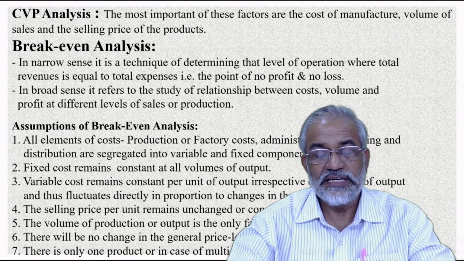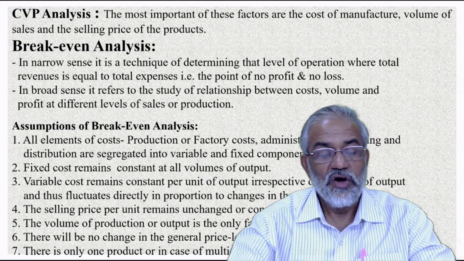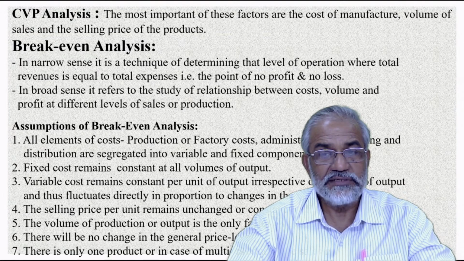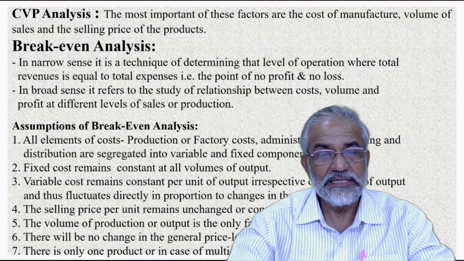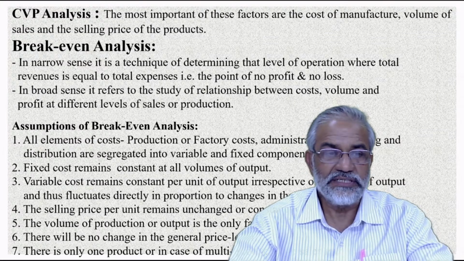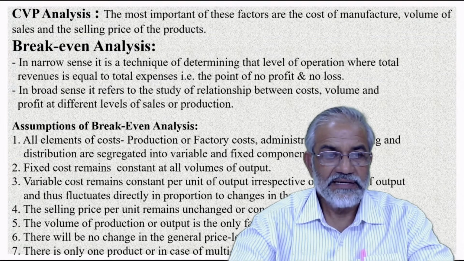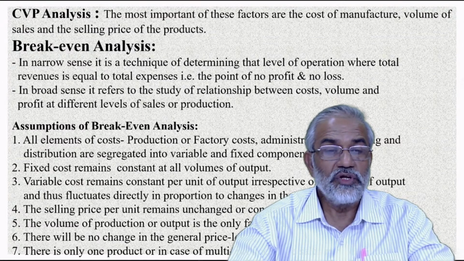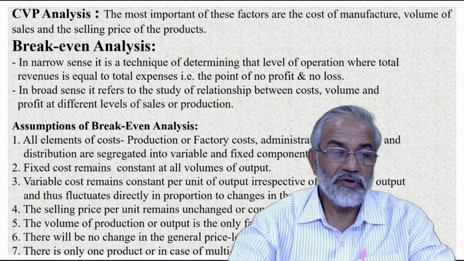The first assumption is that all elements of cost, production or factory cost, administrative and selling and distribution costs, are segregated into two segments, that is variable cost and fixed cost. Second, the fixed cost remains constant at all volumes of output. It will never undergo a change.